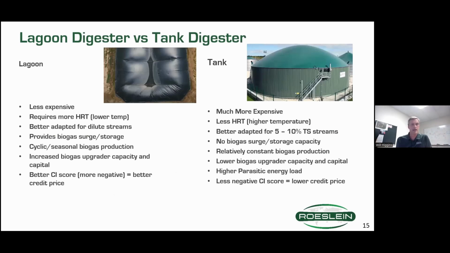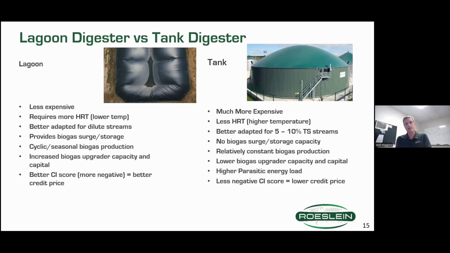And then the last thing I'll mention is just related to this carbon intensity score. If you have a lagoon digester, you're not adding heat, so very little parasitic load. And what we've seen is in those cases, we get very good CI scores, -300 to -400 carbon intensity. And that gets you more dollars per MMBTU from a credit standpoint.